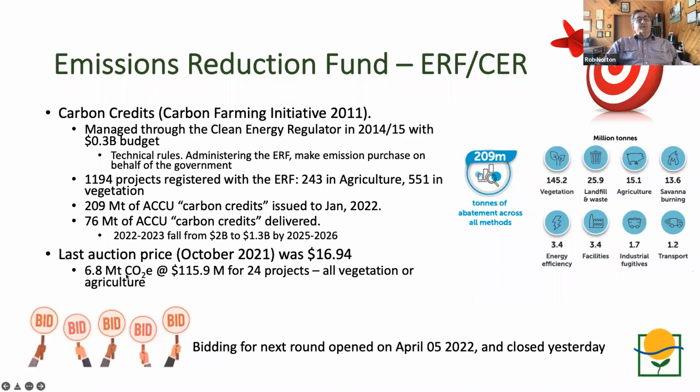I haven't got the results for that, but at the last auction in October, the government purchased 6.8 million tonnes of carbon dioxide in 24 projects, all vegetation and agriculture, and the value that was paid in that auction was nearly $17 a tonne of carbon dioxide equivalent.